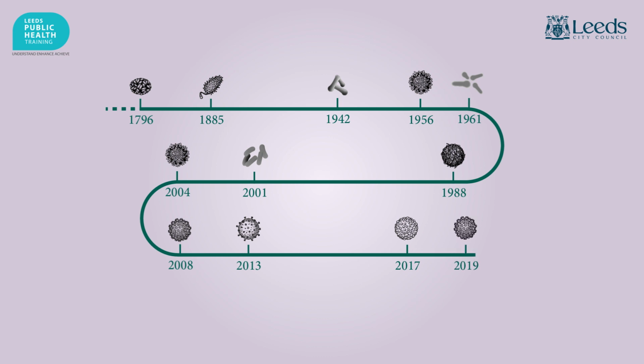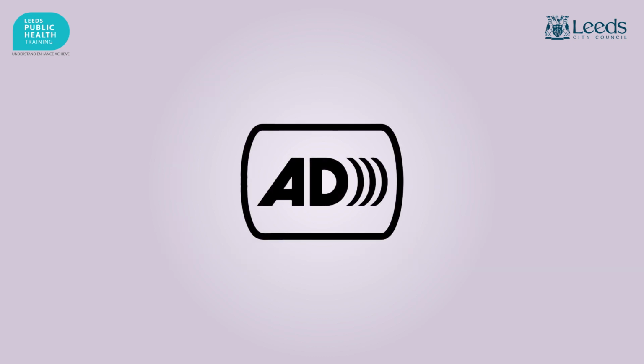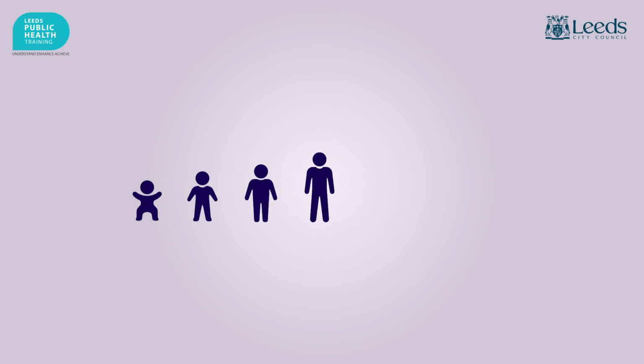A series of 7 blue-coloured stick people representing different life stages are shown. The stick people representing a child and an adolescent pulse and turn green. Immunisation begins shortly after birth and continues throughout the life course.